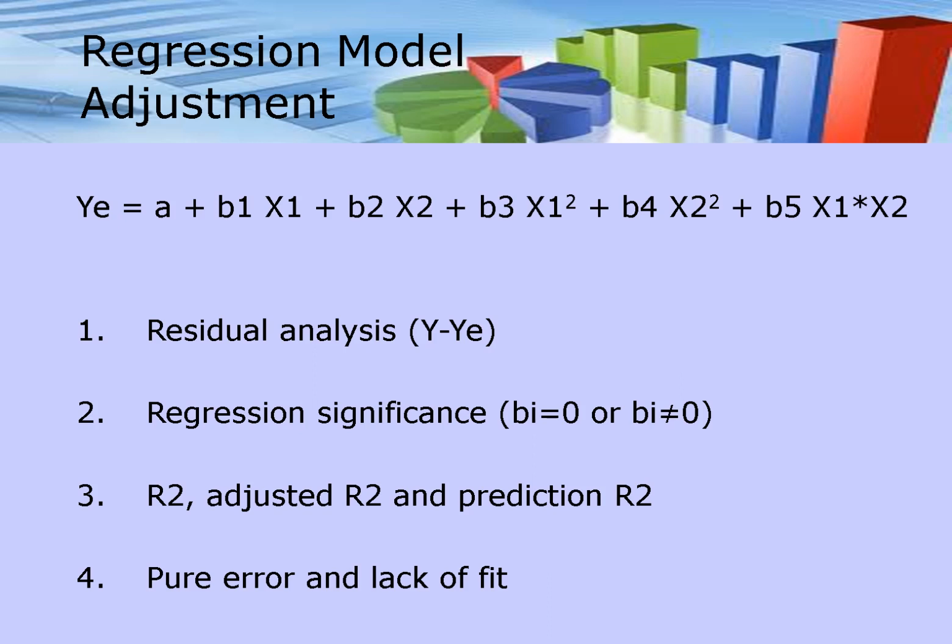Regression significance will allow one to include or exclude linear, quadratic, and interaction terms from the regression equation. Determination coefficients must be high, including adjusted and prediction coefficients. And finally, the error of the model adjustment should be lower than the random variability.